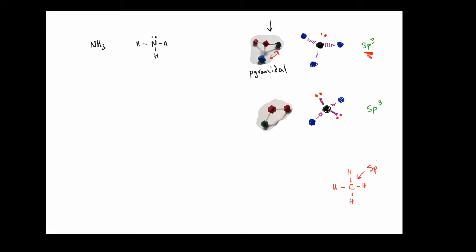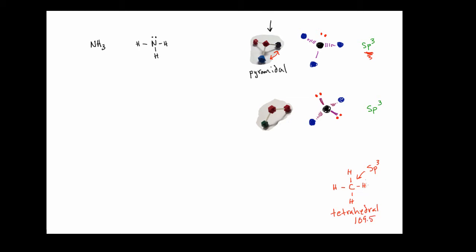The way that I teach determining the shape of a molecule is to first get the hybridization. You have memorized a particular shape that goes with the hybridization, which in this case would be tetrahedral, where each of the bond angles is 109.5.